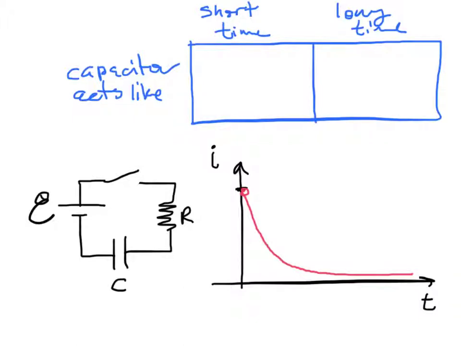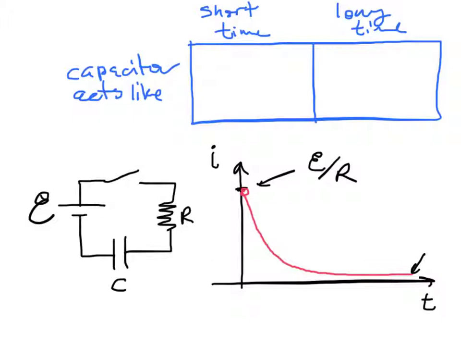That current starts out as just the battery potential divided by the resistance. But as the capacitor charges up, that current falls down to practically zero.